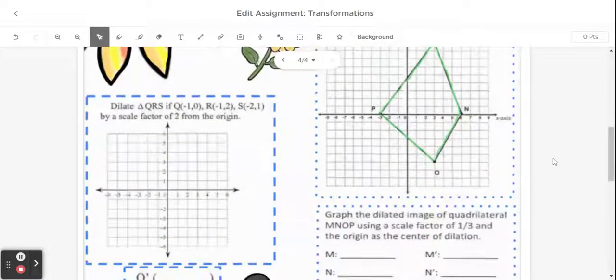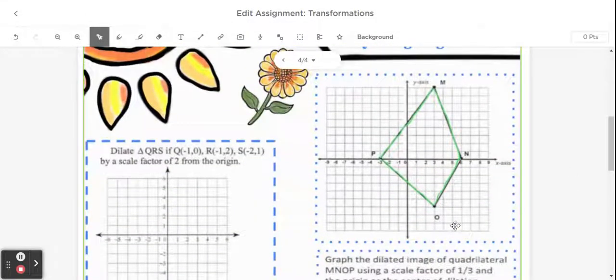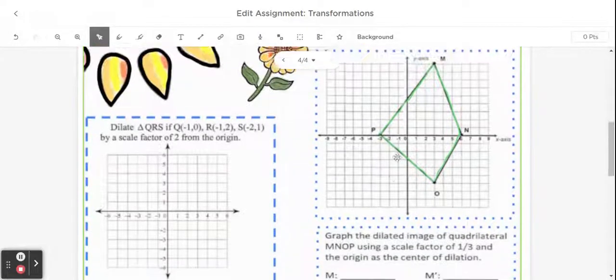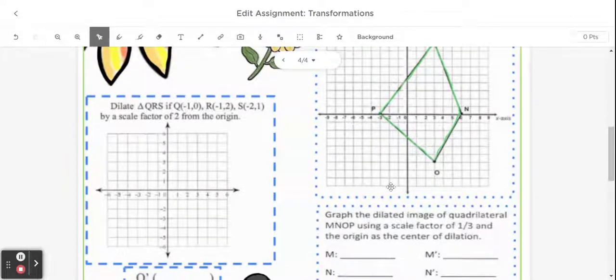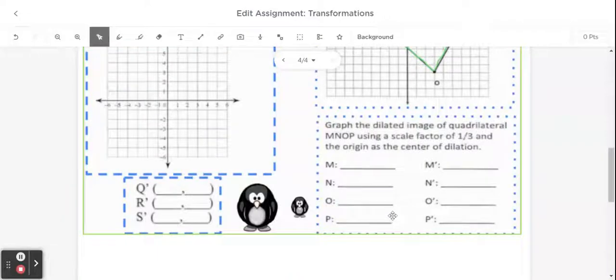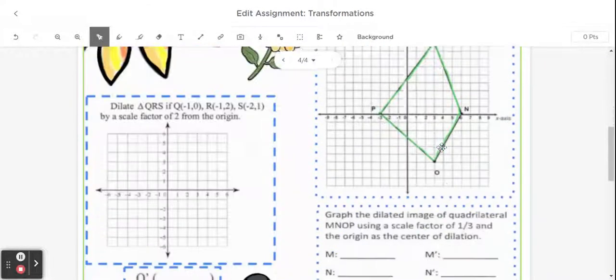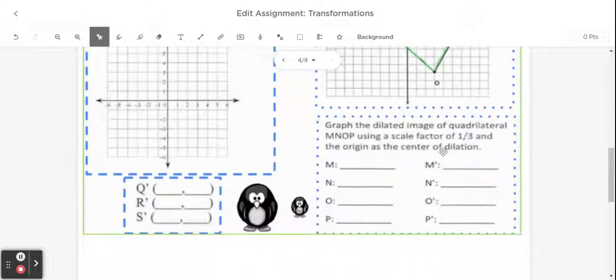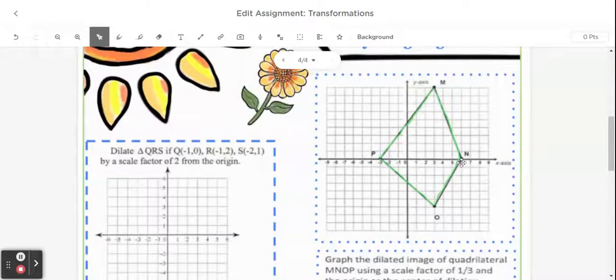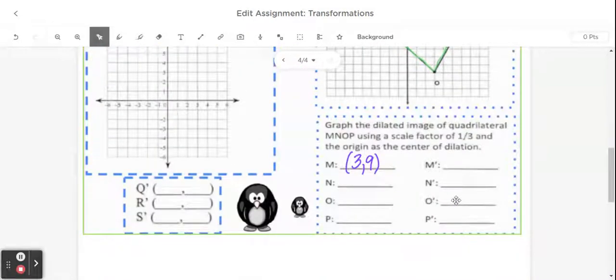Okay, so let's practice. They already graphed MNOP here, but what they want us to do is write the ordered pairs for MNOP. So M is up here at 3, 9. N is at 6, 0.